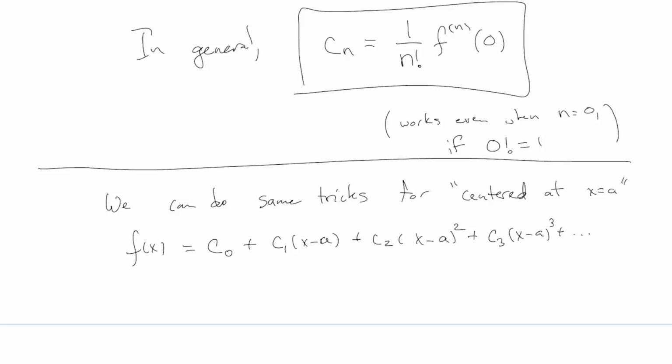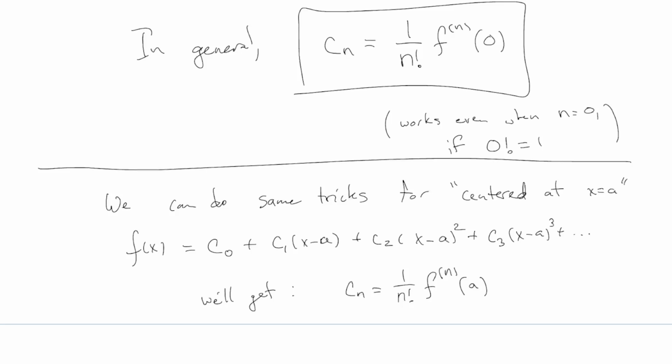The exact same tricks will work here, and we'll get what they call a generalization of what you see in the box up here. What's the difference if instead of centered at 0, you have centered at a? The only difference is this 0 here becomes a. So it works out very nicely. Cn will be 1 over n factorial times the nth derivative of f, at a.